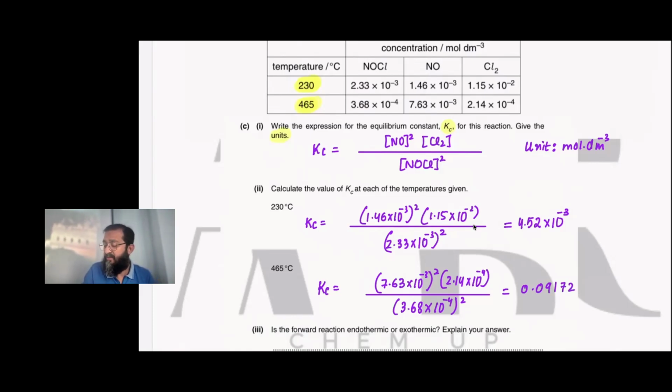I am getting 0.091995, so when we round it off to three significant figures, it will be 0.0920.